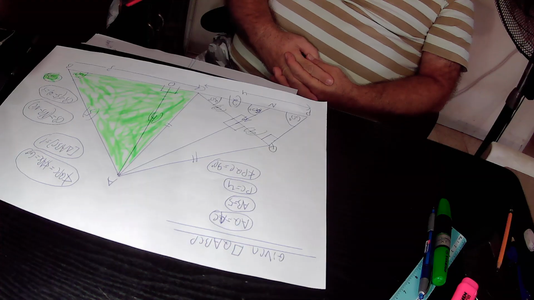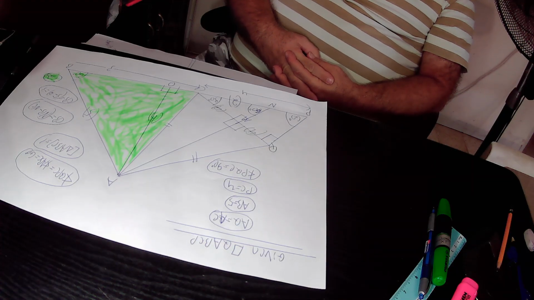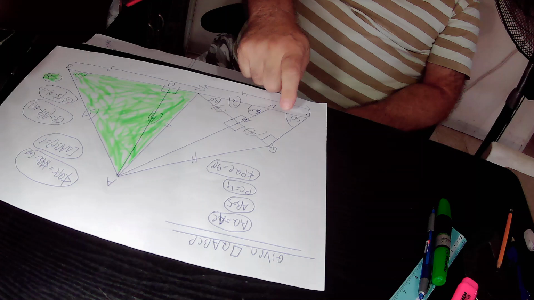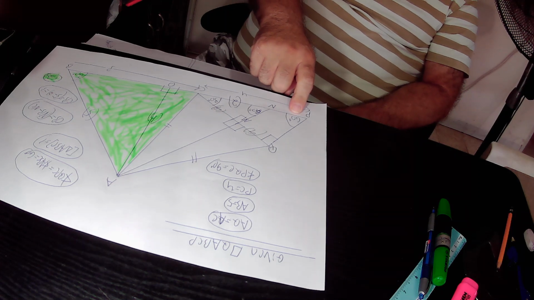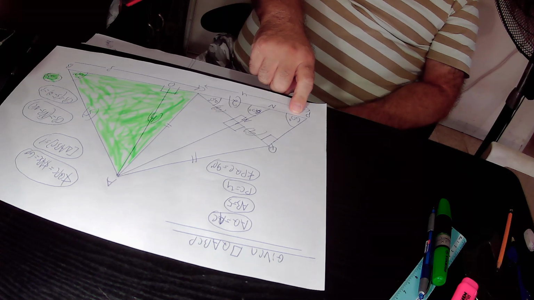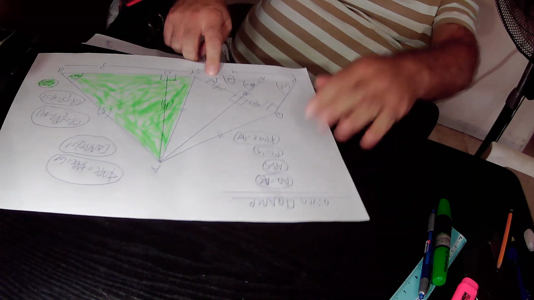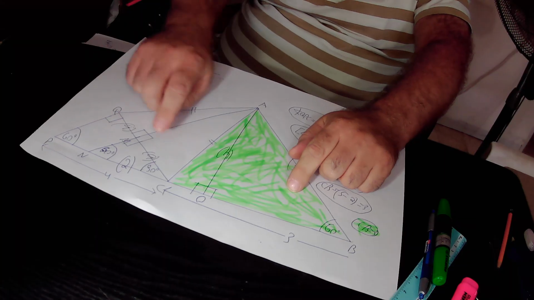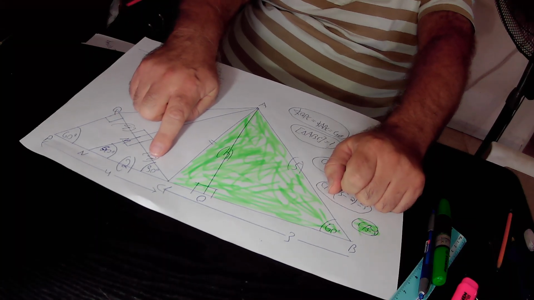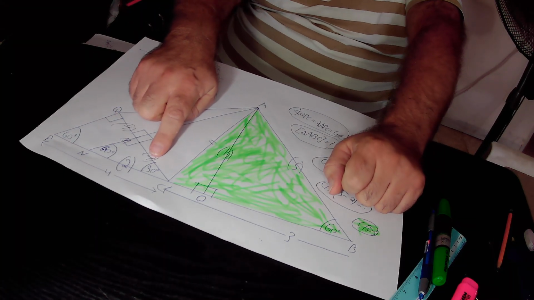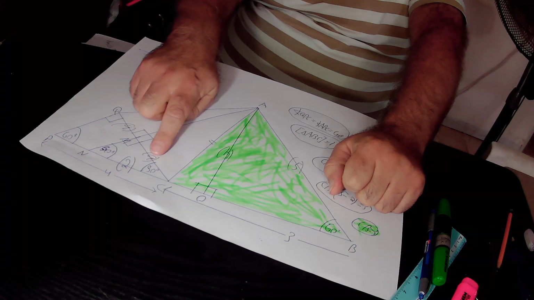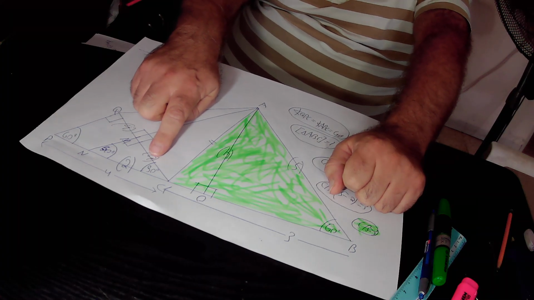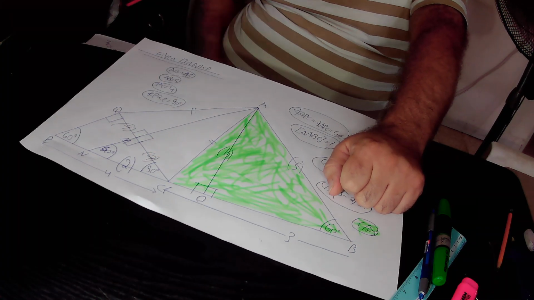So in the right triangle QPC, 90 degrees plus 60 degrees is 150 degrees. 150 degrees plus the size of this missing angle must in total be equal to 180 degrees, according to the rule that the sum of the angles in a triangle is equal to 180 degrees. Therefore, this third missing angle must be equal to 30 degrees in its size.